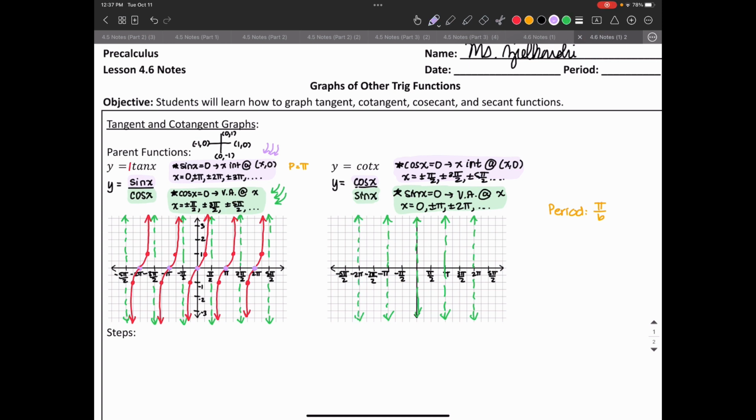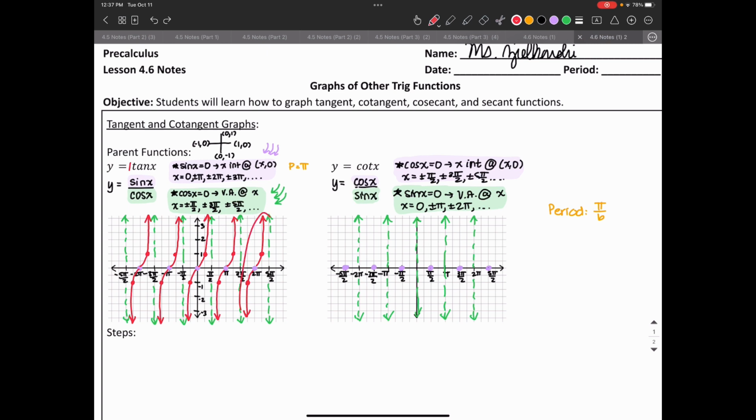And then the x-intercepts are at pi over 2, 3 pi over 2, 5 pi over 2, negative pi over 2, negative 3 pi over 2, and negative 5 pi over 2. And the difference between tangent and cotangent is that when you have a positive coefficient, or the parent function with no reflection over the x-axis, it's going to go downwards instead of upwards.